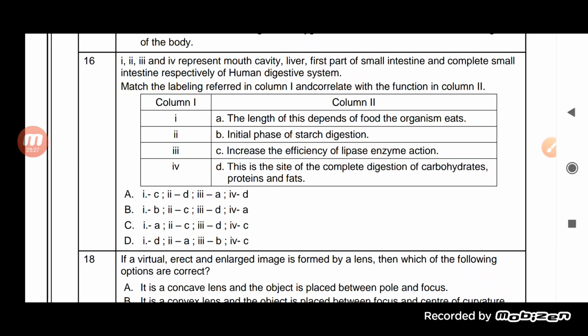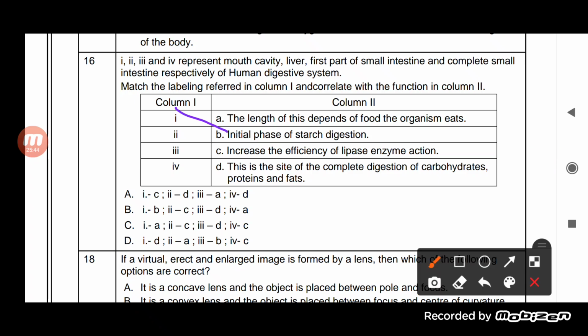So first one is the mouth cavity. The initial phase of starch digestion, so first will be matched with B. Then second is the liver. Yes, it increases the efficiency of lipase action. Then third is the first part of the small intestine.